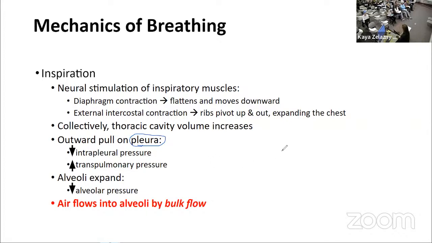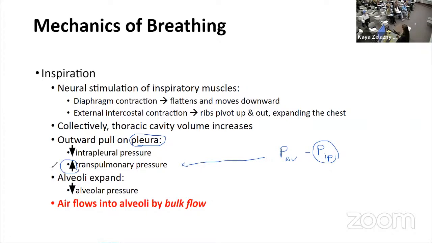Our alveolar pressure minus our intrapleural pressure is our transpulmonary pressure. As we drop the intrapleural number down, we're subtracting a negative, so if you subtract a bigger negative number, the transpulmonary pressure goes up.